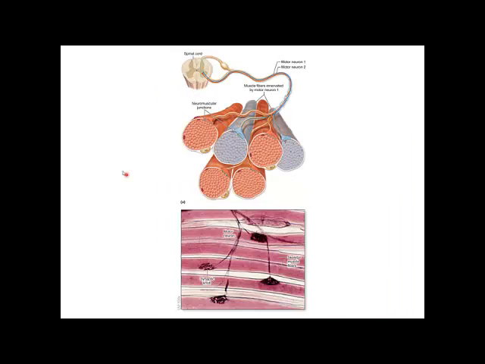So once again, this means that skeletal muscle fibers will only contract if they're told to by a motor neuron. This motor neuron here, you can see it splits into several ends. Each of these muscle fibers is controlled by one individual neuron. You'll see motor neuron 1 here controlling these red-colored muscle fibers.